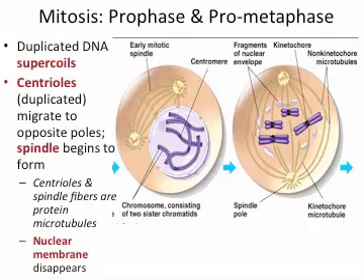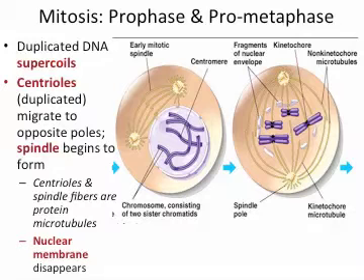The centrioles are going to use mitotic spindles, which are those yellow lines coming out of the centrioles and touching each other. Those are just proteins, and they're going to use that mitotic spindle to actually pull the cell apart at the end of mitosis.